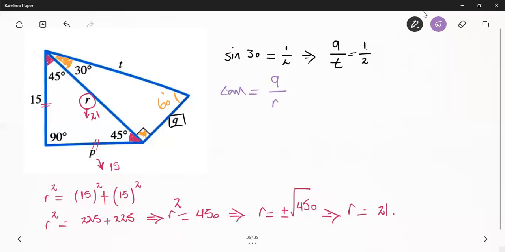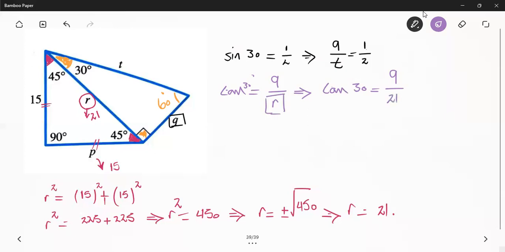We got it a couple of seconds ago. That's right. Then tangent of 30 equals Q over R. We do not know Q, we leave it there, but we know R is 21.